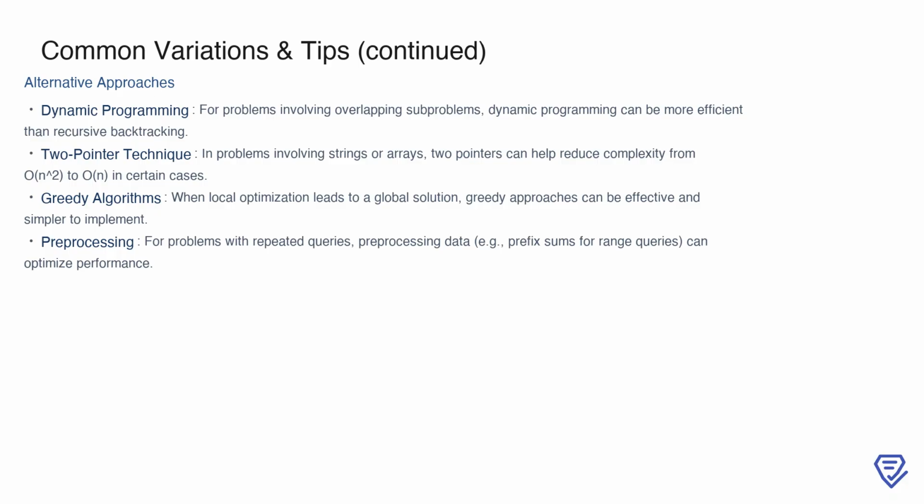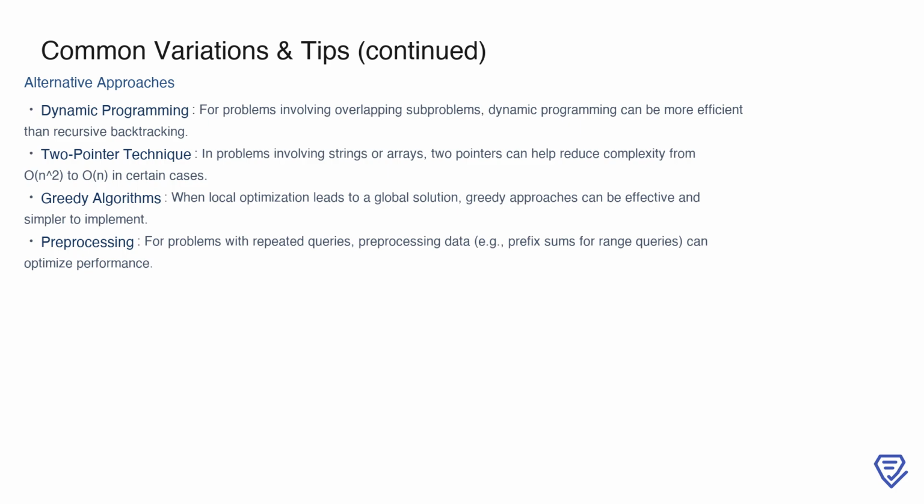recursive backtracking. The two-pointer technique is another powerful tool, particularly for string and array problems. By using two indices to traverse the data, you can often reduce complexity from O(n²) to O(n), making this approach both efficient and elegant. Greedy algorithms are worth considering when local optimizations naturally lead to a global solution.